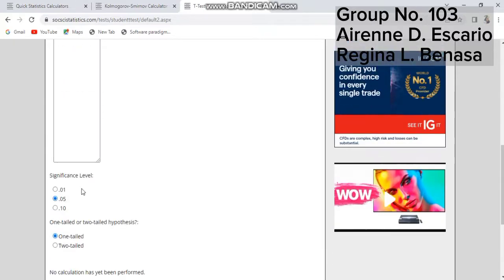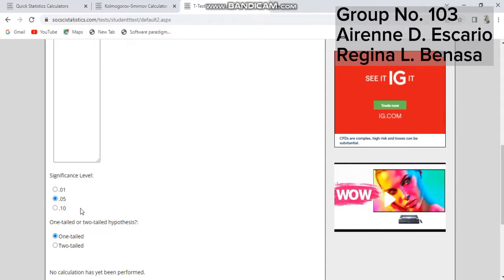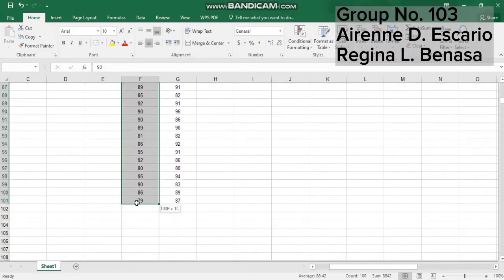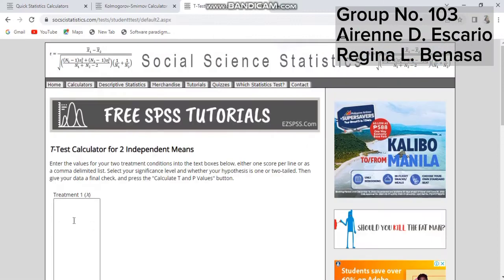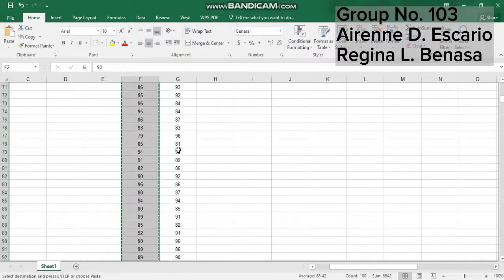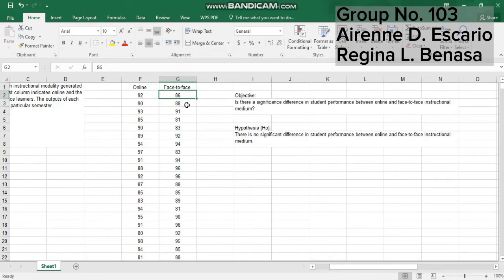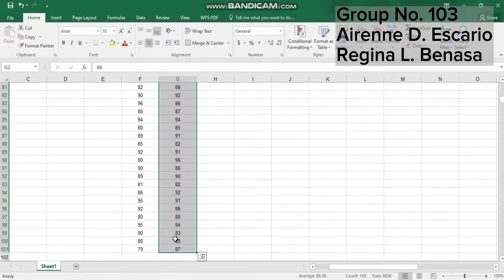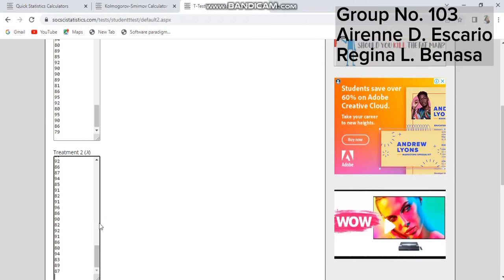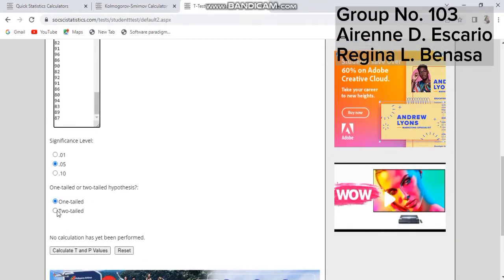Significance level should always be 0.05, which means that we allow the computation to commit at least 5% so that we can have the freedom for our data to behave in a normal way as they do in a normal environment. Let us try to calculate. Our hypothesis should be two-tailed.